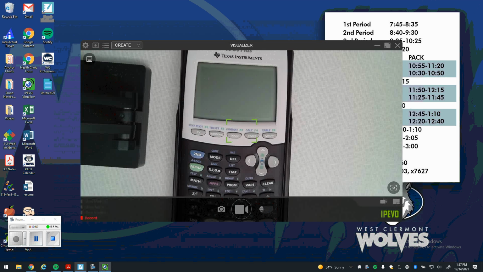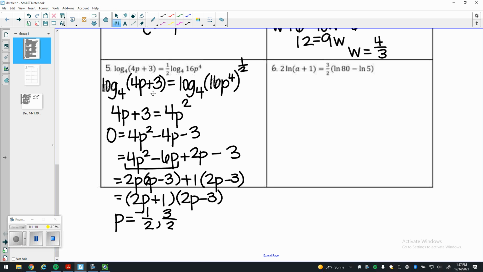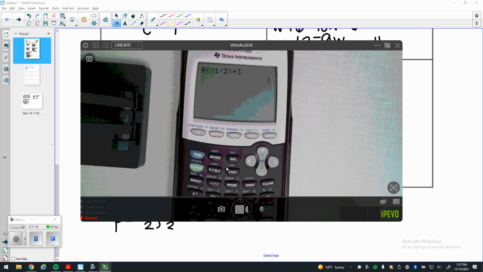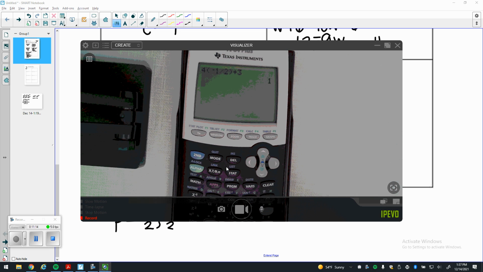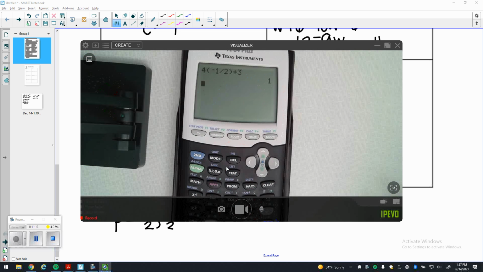Alright, so when I plug this in, I'm going to take -1/2 and I'm going to plug it in here. So I'm going to have 4 times -1/2 plus 3. That gets me 1. Everybody see how I did that? Okay. You do the same thing on the other side.